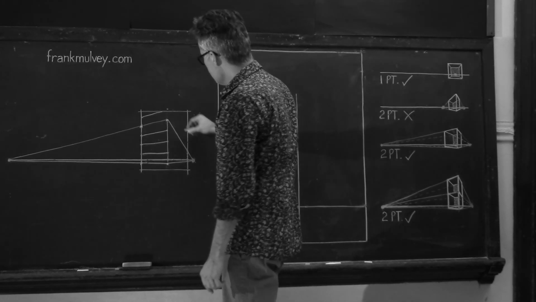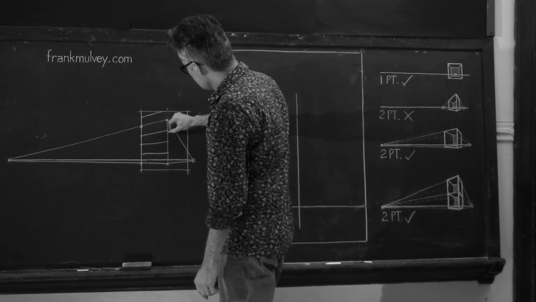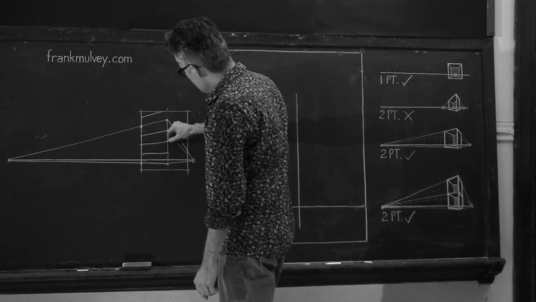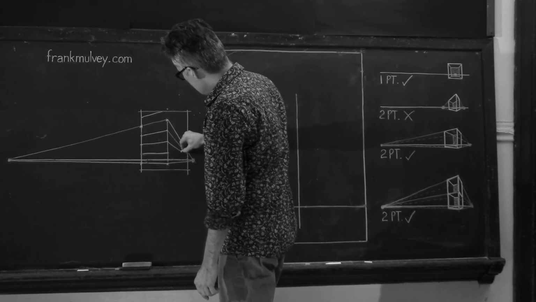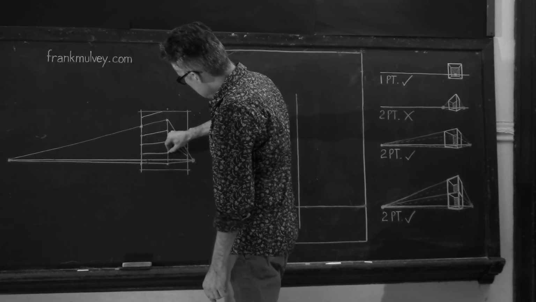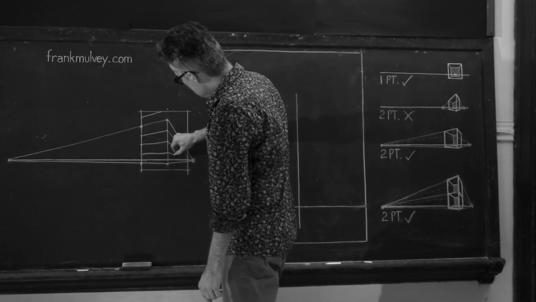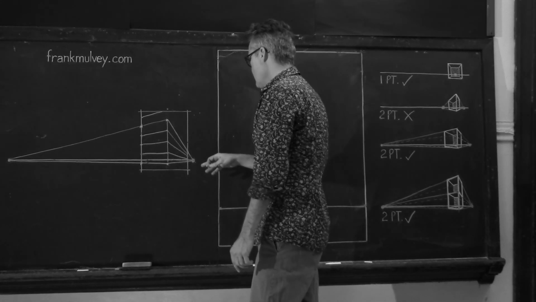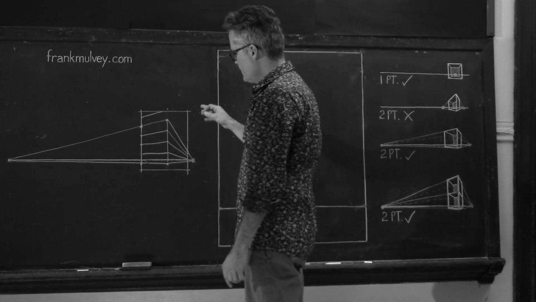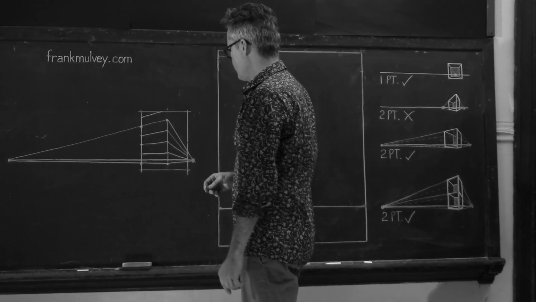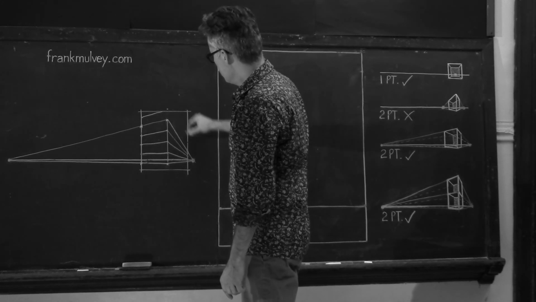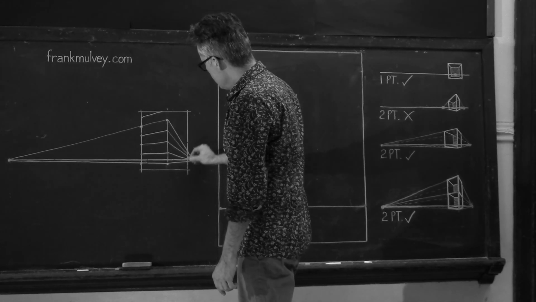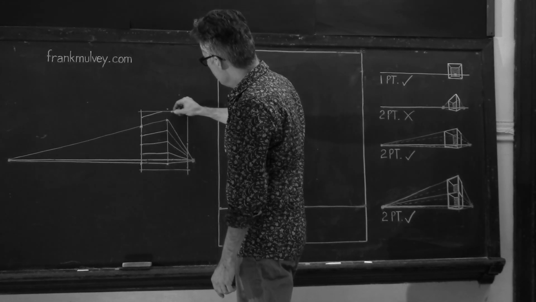And each of these increments I can now connect up, and again, without having drawn the lines all the way to the vanishing points, I've created a perspective grid. And I could continue that on by adding more units above and below to my heart's desire.